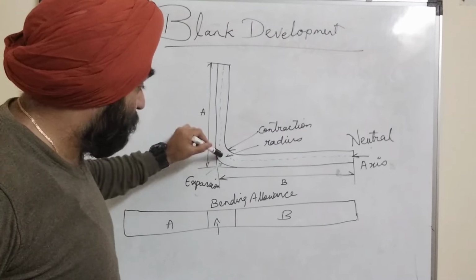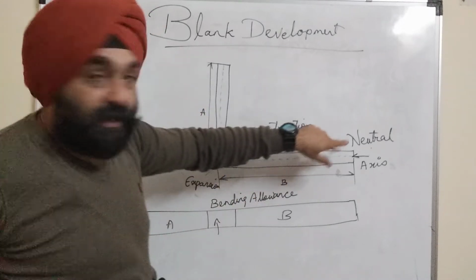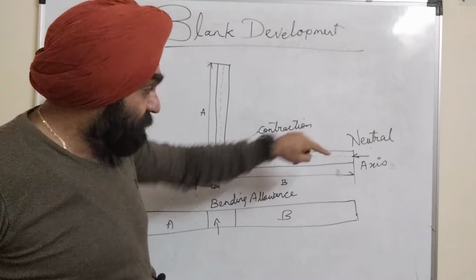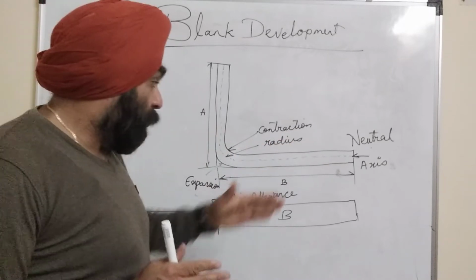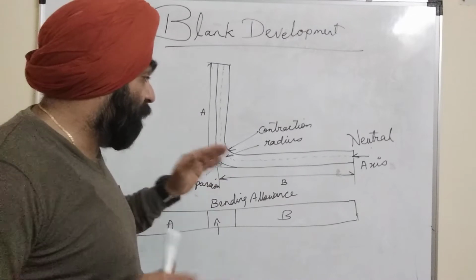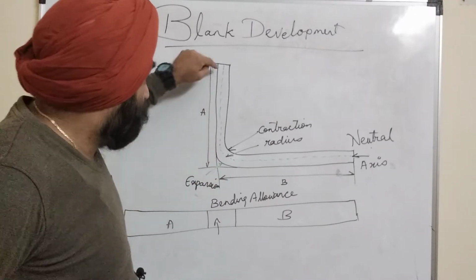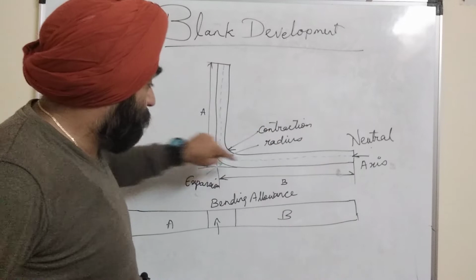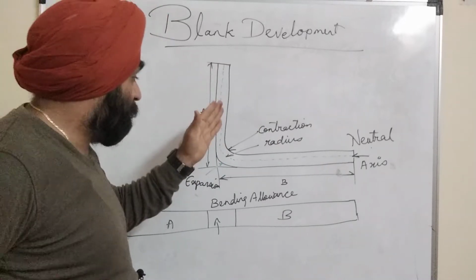That we call the neutral axis. This neutral axis is an axis where we have no deformation, that is, the sheet is exactly what it is needed. So this actually shifts.